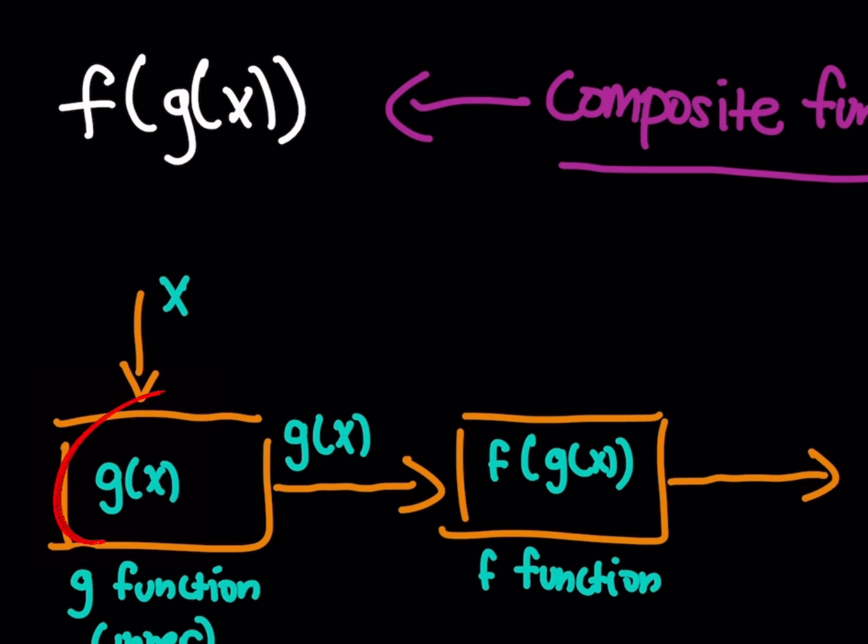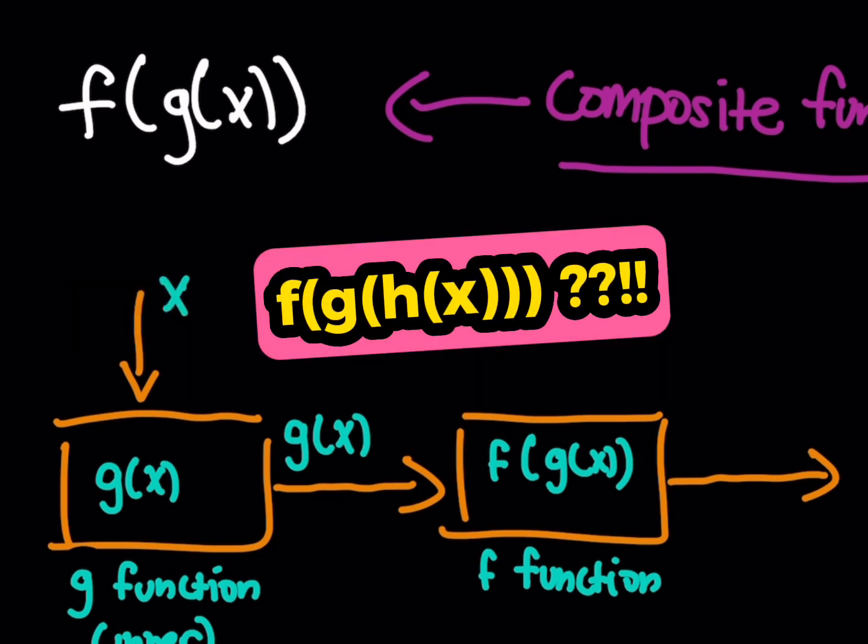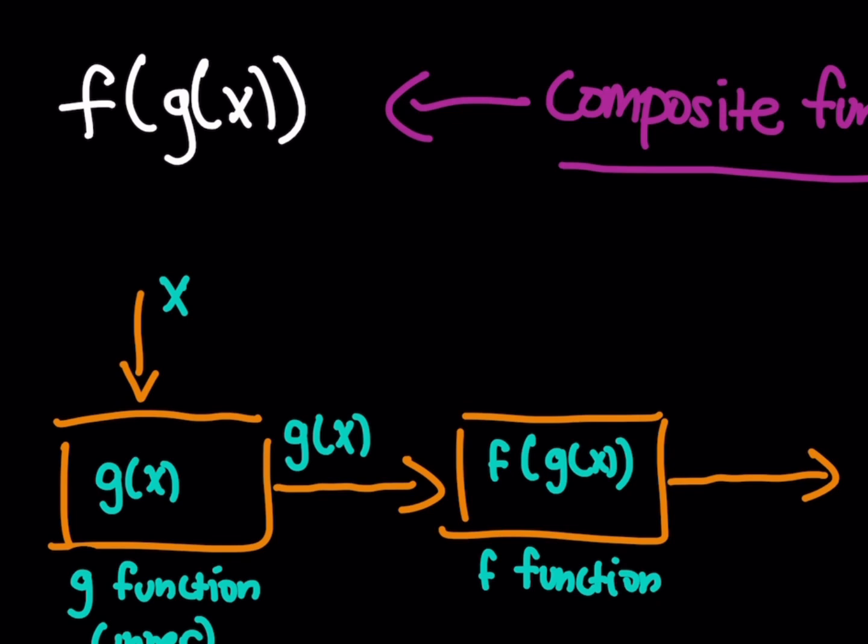When you have the expression f of g of x, the innermost function is going to be g of x. When I see a composite function, the way I think about this is, which function is in the most parentheses? In this case, g of x is surrounded by outer parentheses, right? And it doesn't matter how many composite functions you have. If I had f of g of h of x, the innermost function would be h of x. And the outermost function in that example and this example would be f of x.